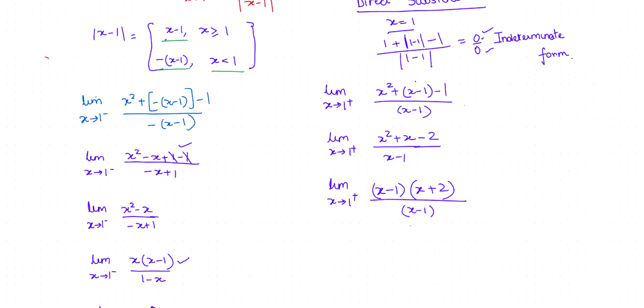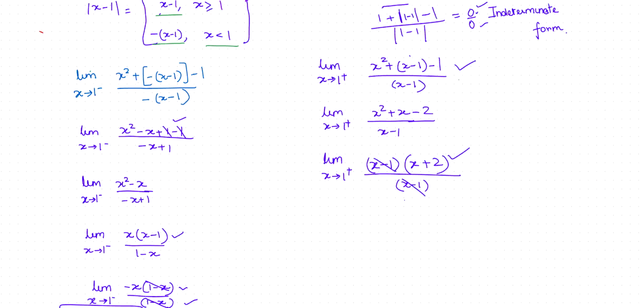So now x tends to 1 plus, so we substituted the absolute value as x minus 1 here, and then we factorize the numerator. We see that we get x minus 1 in the numerator and denominator, so we cancel it. And now let's do direct substitution and put x equal to 1. So we get 1 plus 2, which is 3. So the limit as x tends to 1 plus is 3.